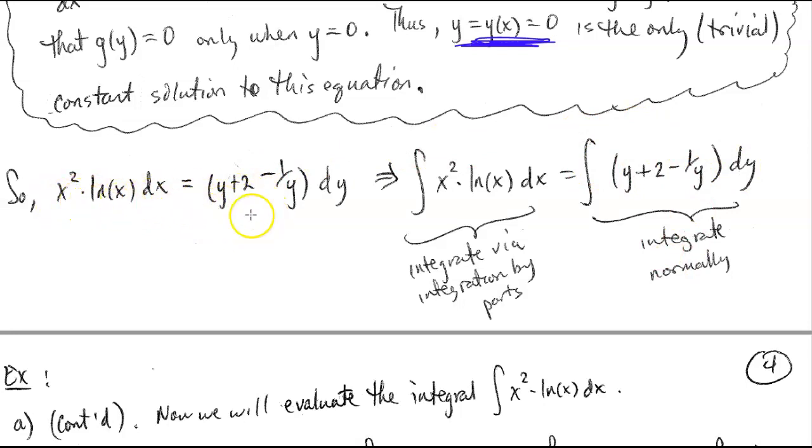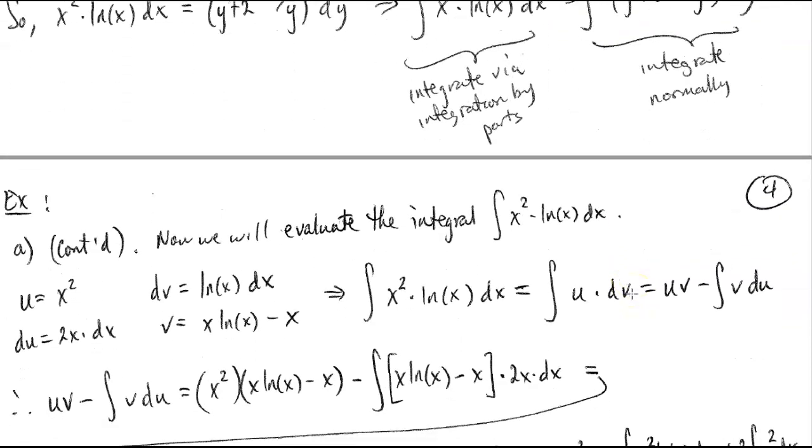I'm going to take the antiderivative, and I'm going to look here and here, and I say yes, for both sides I can find an antiderivative for the left and for the right, relatively easy. And of course, for the left-hand side, I would have to employ integration by parts to do that. For the right-hand side, I can just take the antiderivative of each of these three terms normally and separately, okay?